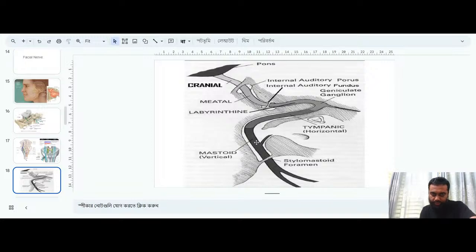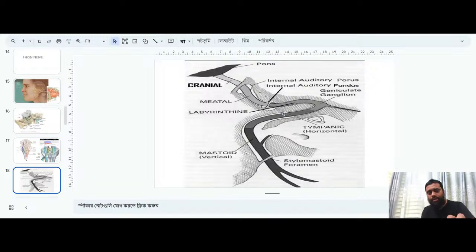When the facial nerve passes from the second genu to the stylomastoid foramen, this is the vertical part of the facial nerve. Where the facial nerve is present in the middle ear, this is known as the tympanic segment of the facial nerve.